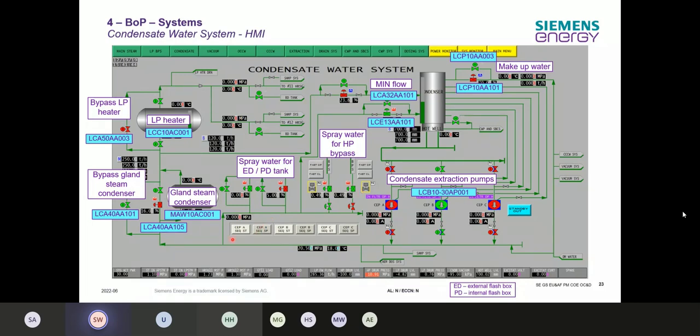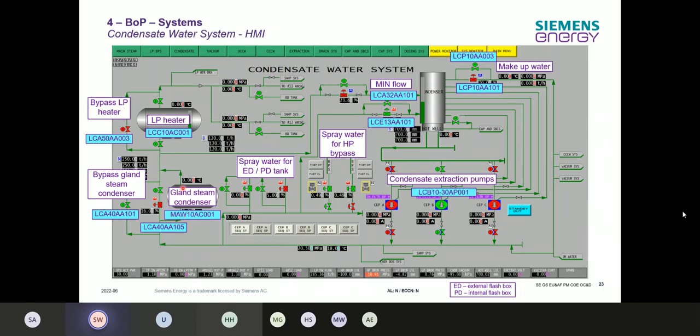And then from here, we go to the bypass of the gland steam condenser. So that's our bypass when the gland steam condenser is not in operation. And we have over here then the gland steam condenser.